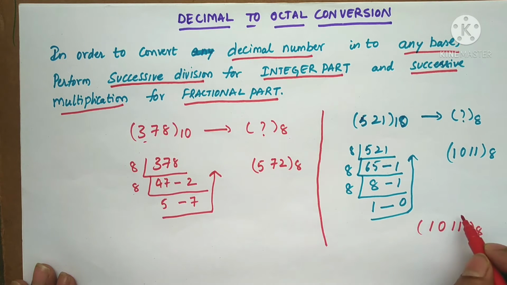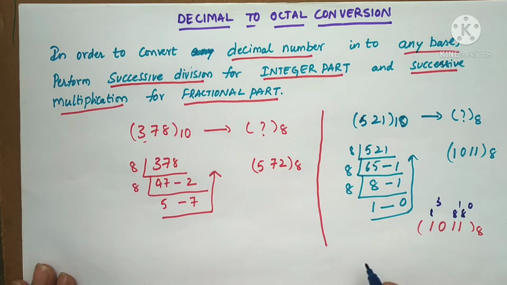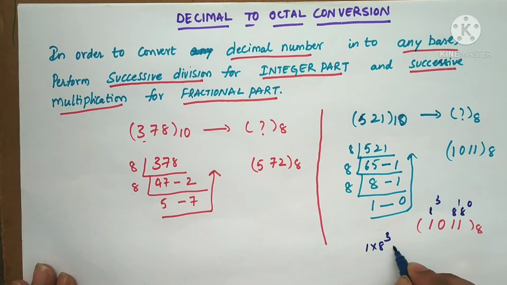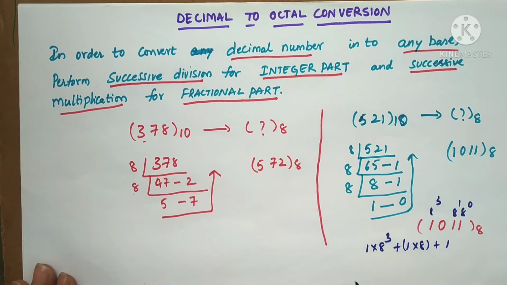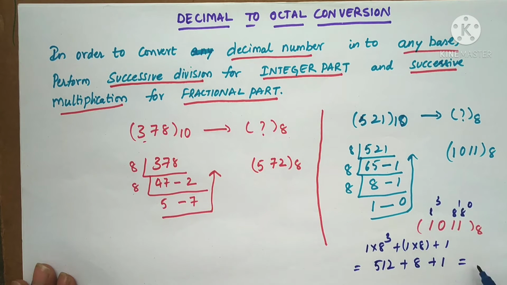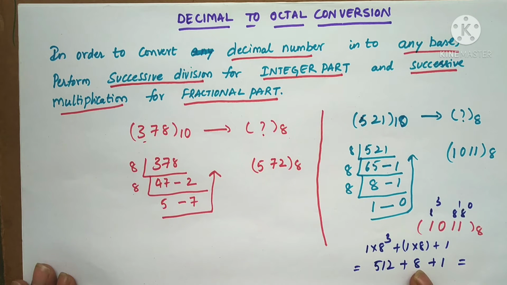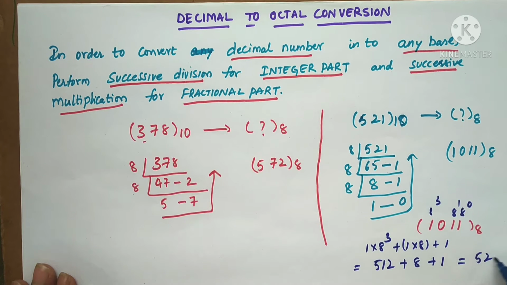We multiply each digit with the base powers: 8 power 0, 8 power 1, 8 square, 8 cube. So 1 into 8 cube plus 1 into 8 plus 1. 8 cube is 512, plus 8 ones are 8, plus 1. 512 plus 8 is 520, 520 plus 1 is 521.